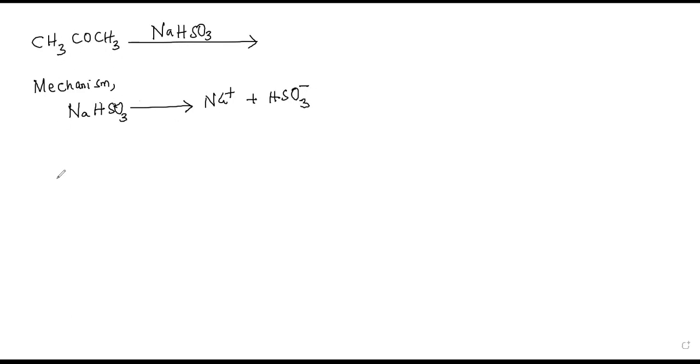So you bring your compound. I can write it as CH3 2 times, then C, O. I can still write it like that. Then I bring my hydrogen sulfite ion. So I'll bring S. I can have my O here, my O minus here, and I can have my OH here.